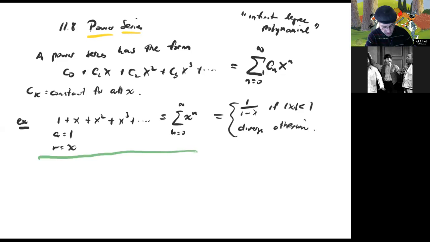This is a so-called power series centered at x equals a. What does this mean?